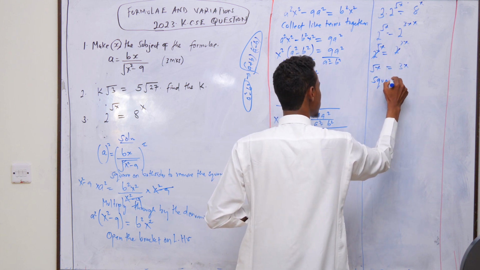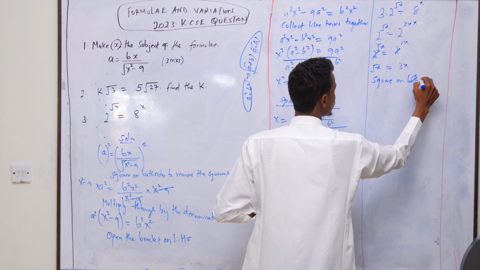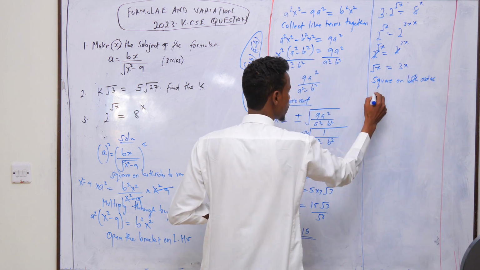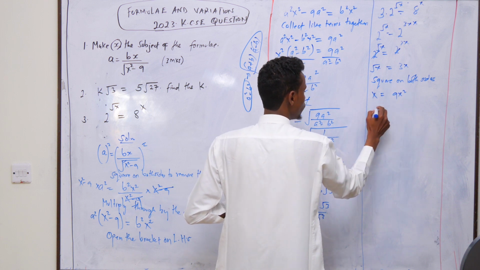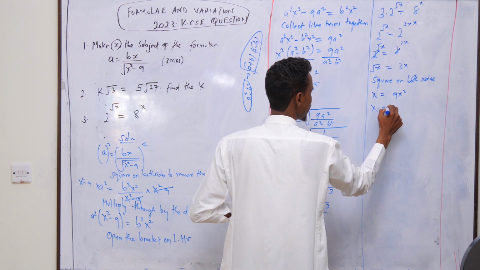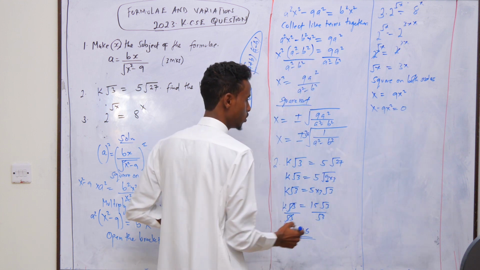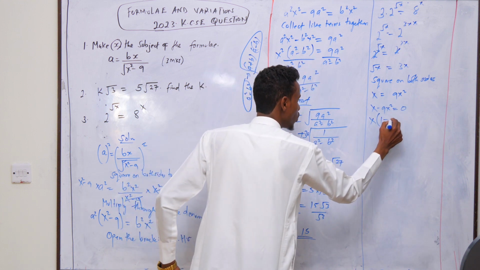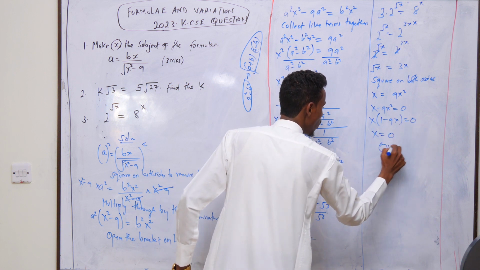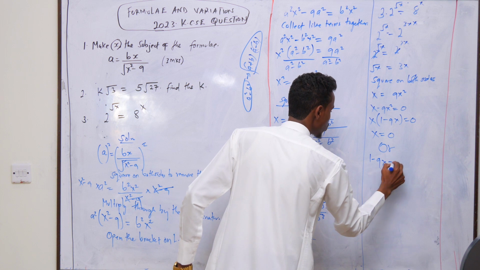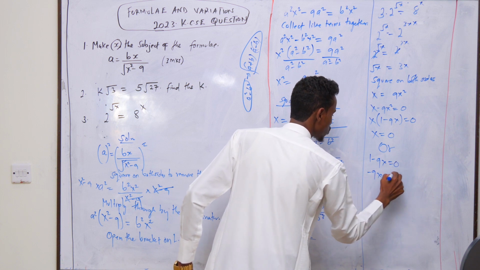Square on both sides. Now squaring on both sides, you're going to get x is equal to 9x squared. Now, form an equation. x minus 9x squared is equal to 0. Now common factor x into bracket 1 minus 9x is equal to 0. x is equal to 0, or 1 minus 9x is equal to 0, so minus 9x is equal to minus 1.